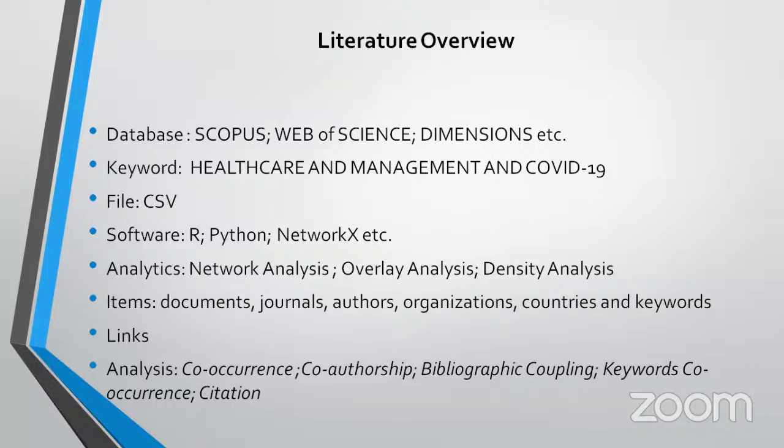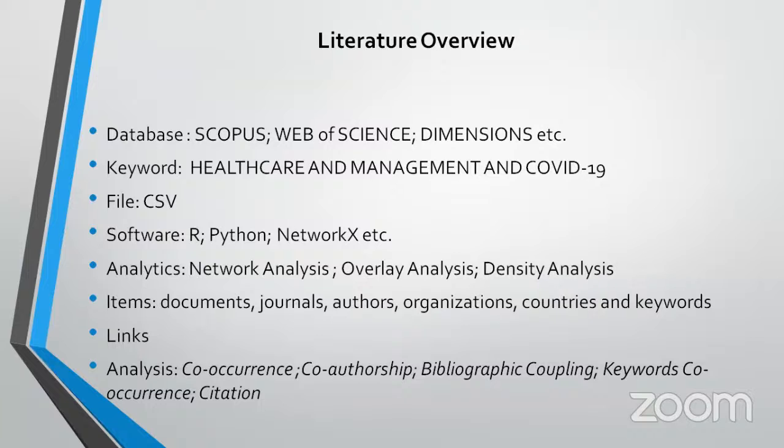In that CSV file, you'll get many columns: author, year of publishing, title of the paper, page number, volume number, journal, everything in the form of a CSV file.